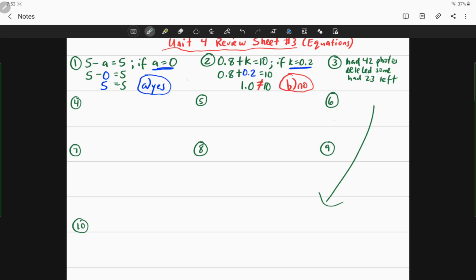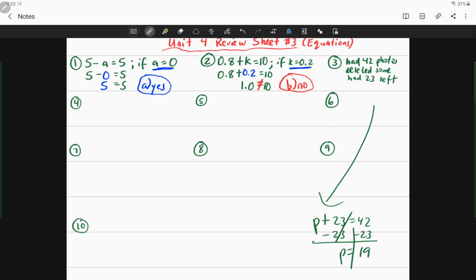But again, it's a good strategy just to go through your different choices to narrow it down. So this one actually should be choice B, which says P plus 23 equals 42. If we solve this using inverse operation, subtract 23 on both sides, P is equal to 19.